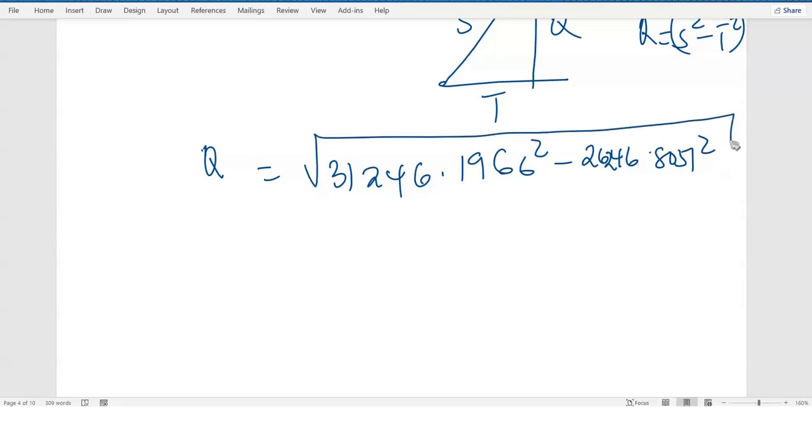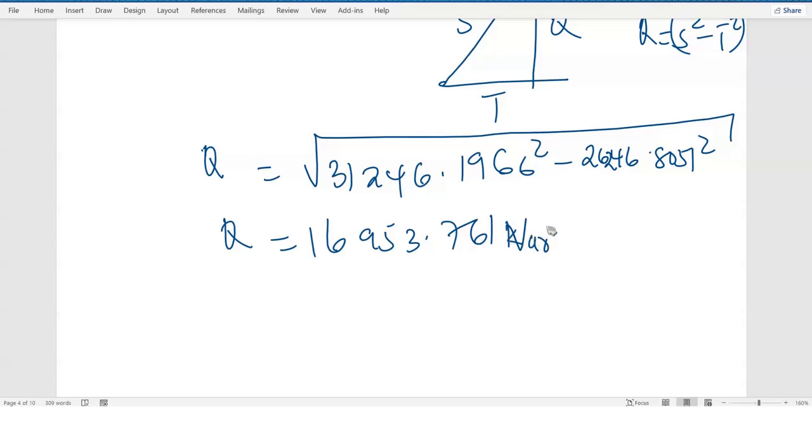Remember, this is under root. So the reactive power is actually becoming 16,953.761, and this is in volt amperes reactive.